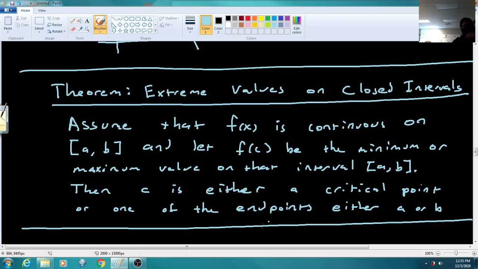Rather than having to check every single y value from all the x's in the interval, and there are infinitely many x's, instead of having to figure out who's the largest and who's the smallest, we now have two things to check. Check the y values of the endpoints, check the y values of the critical points. Whoever has the largest y value of the endpoints and critical points is the max, and whoever has the smallest y value is the minimum.